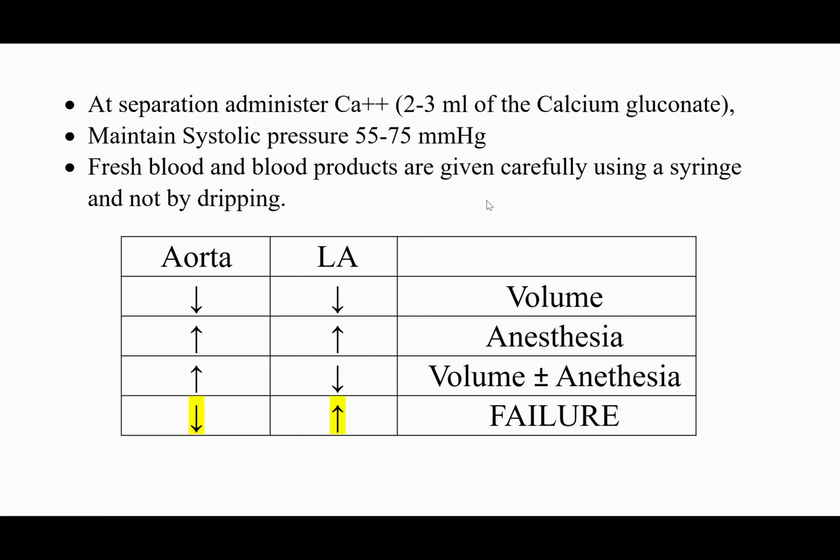So we should give volume carefully, and the problem is that due to the suture lines, the long bypass time usually, and the coagulopathy, usually the bleeding is profuse, and we give much blood.